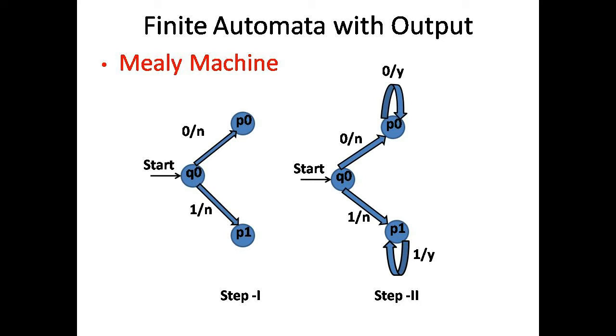Similarly, in P1, if it gets 1, it should go to itself with output Y, indicating it has got double 1.